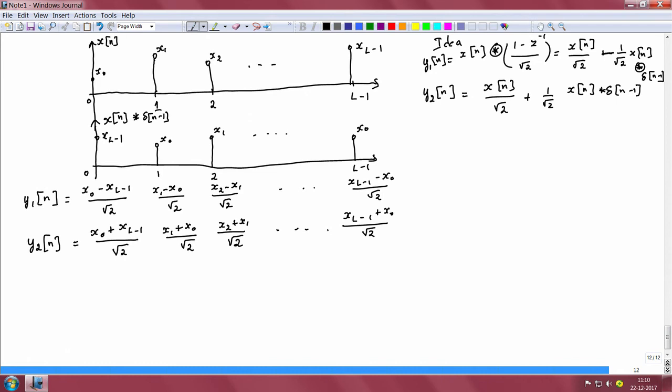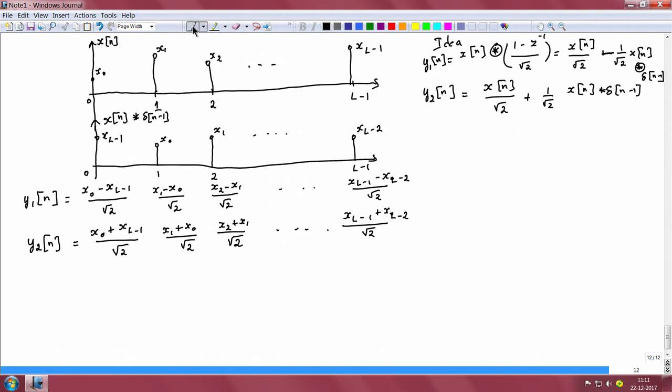The last one, x L minus 2 or x naught? Okay, yes, thank you. There is a typo here. When we do the circular shift, here we will get x L minus 2. So, these things also will change, x L minus 2.